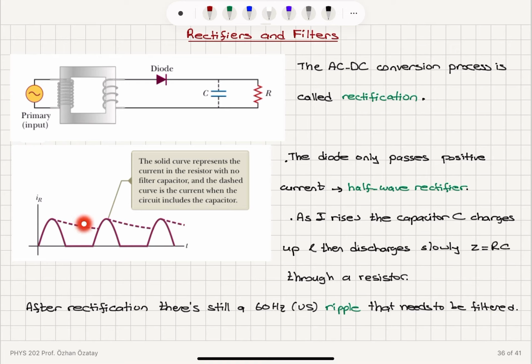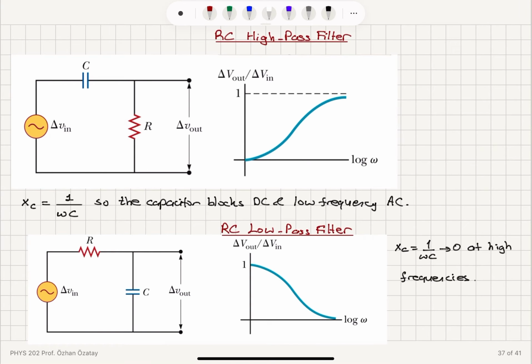And to get rid of the ripple, one can use a filter. And how do we filter out certain frequency components in a signal? We can use an RC high-pass filter or RC low-pass filter, for instance.